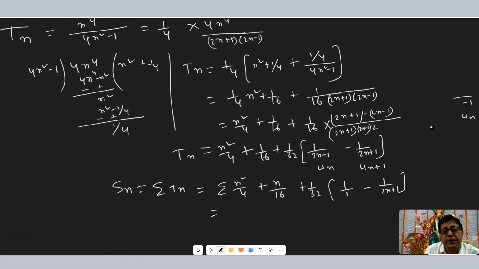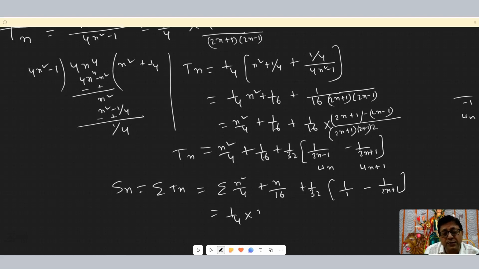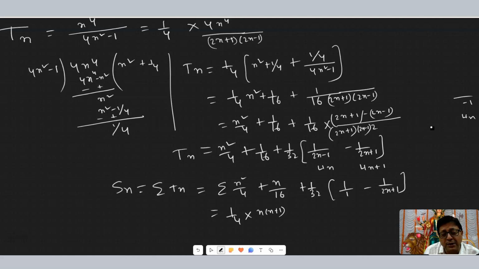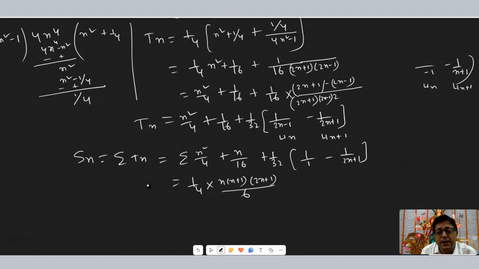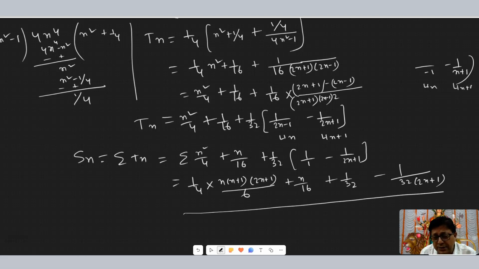So here it is going to be 1 by 4 sigma n square, you all know, n plus 1, 2n plus 1 by 6, plus this. You simplify or not, it's up to you. See the options and check.